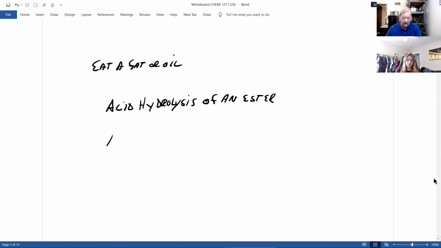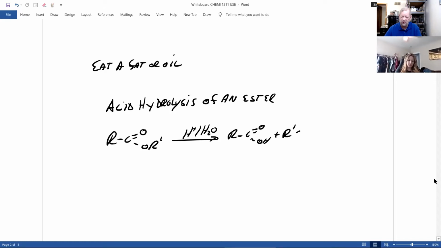And the answer is ester, acid and water. You get back the carboxylic acid plus the alcohol you would have used to make that. In this case, in your body, I'm not going to ask that, but think about it. You're making glycerin and fatty acids. I wonder what the body does with glycerin. I'll have to look that up next year or two.